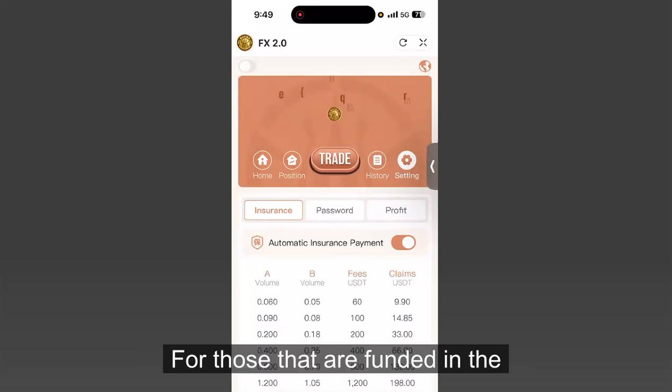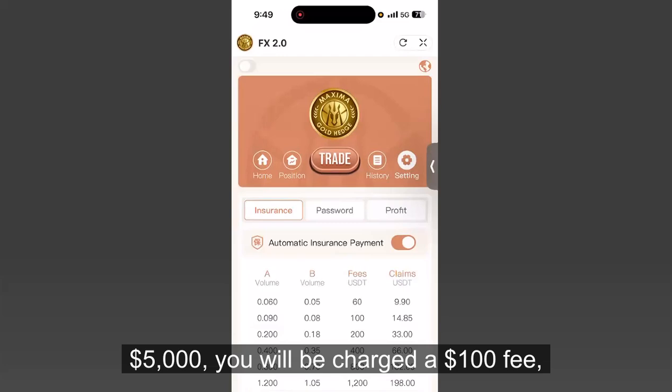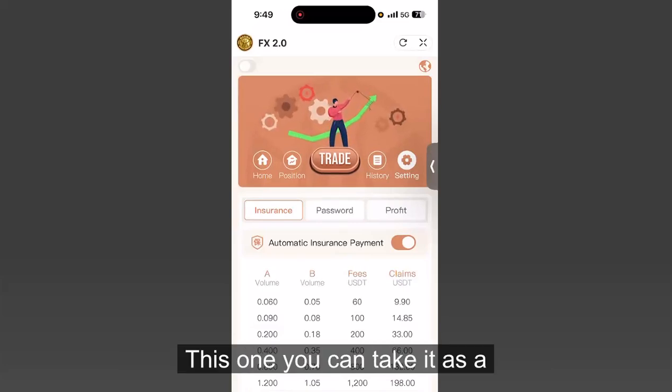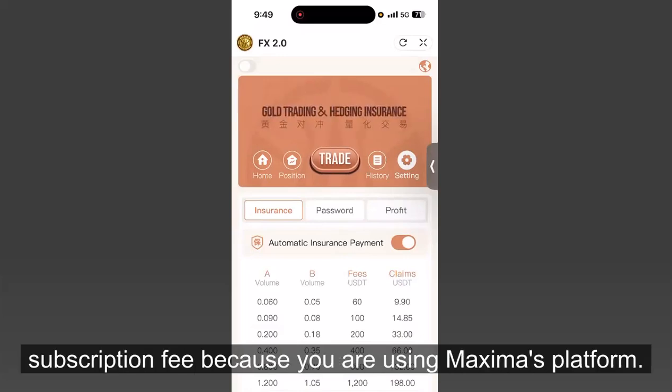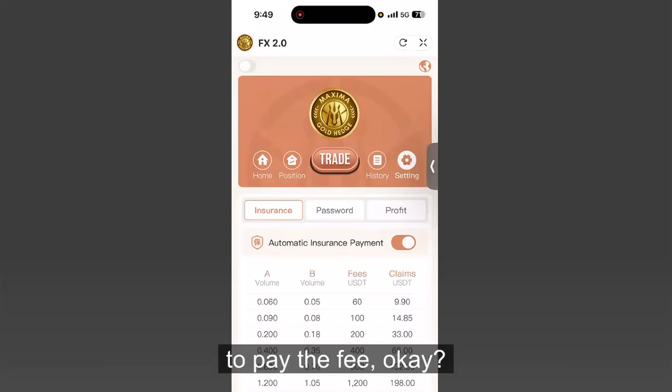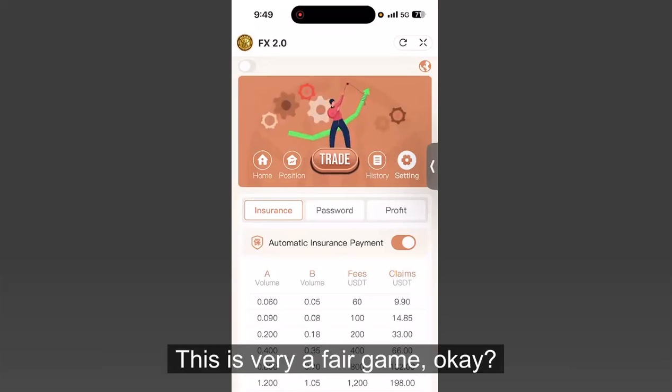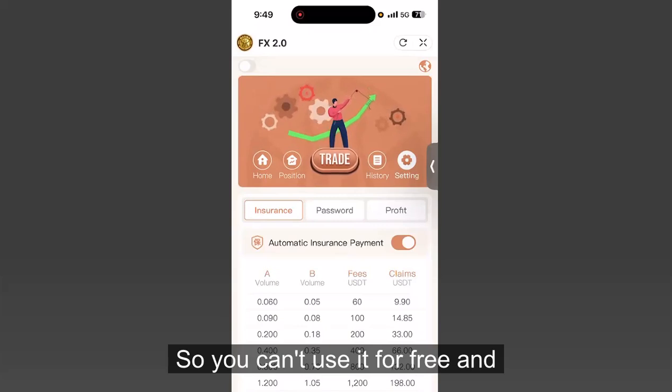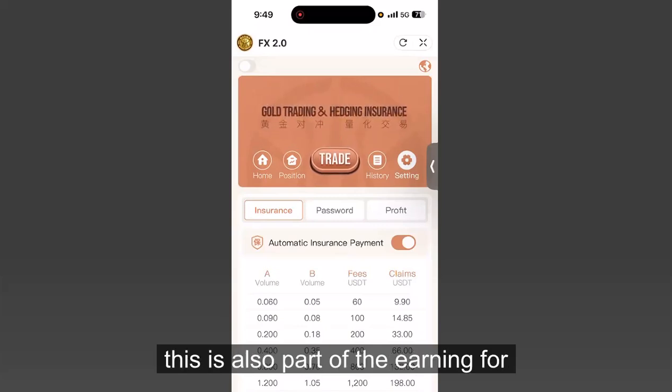For those that funded in 5,000, you will be charged a $100 fee. You can take this as a subscription fee, because you are using Maxima's platform. When you use a platform, you need to pay the fee. This is a very fair game. You can't use it for free, and this is also part of the earnings for the company.